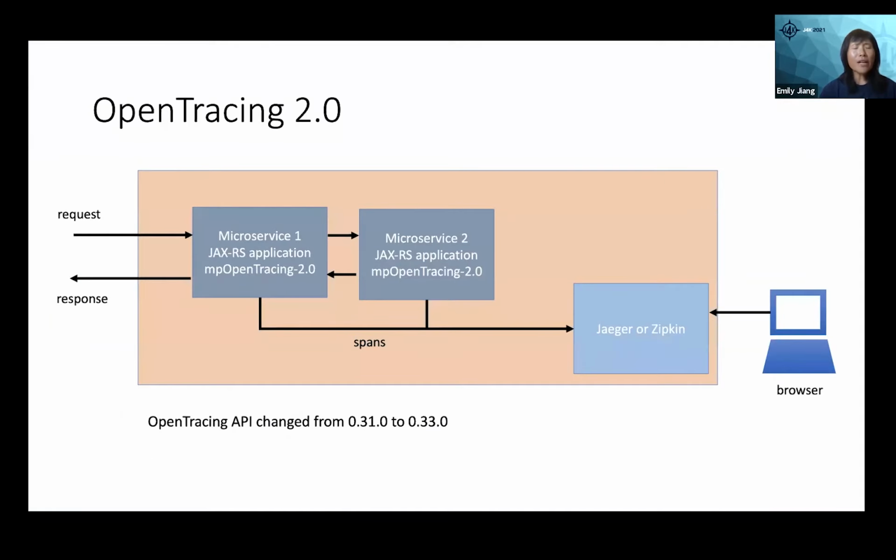The next one is MicroProfile Open Tracing 2.0. It adopts the Open Tracing API spec from 0.33, which means you could use the latest Jaeger client or Zipkin client. Basically, they use the latest Open Tracing API. So that's Open Tracing 2.0.